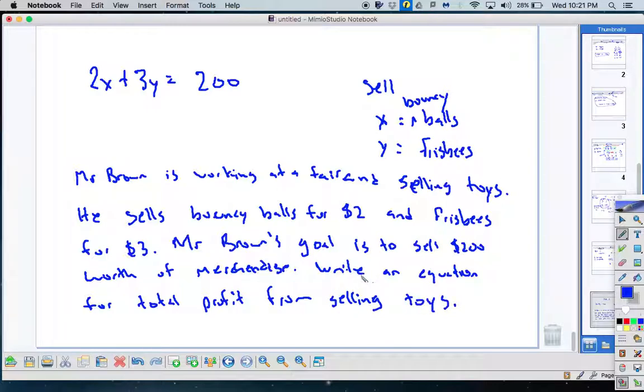So now we've told the students what to do. They're supposed to write an equation, which is what this is up here, an equation for total profit, because we have total profit right here. And what did we do? We sold these toys, frisbees and bouncy balls.